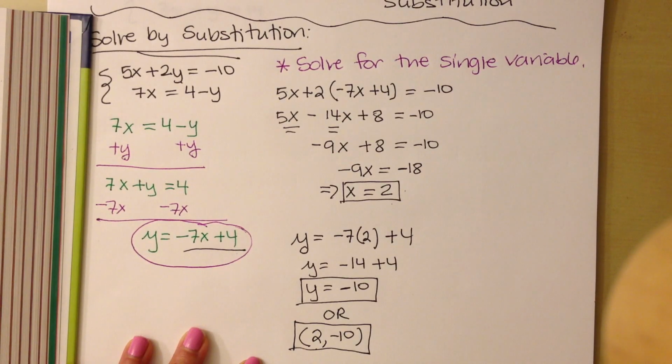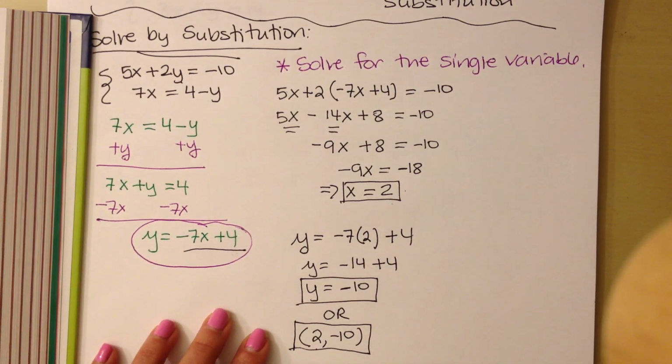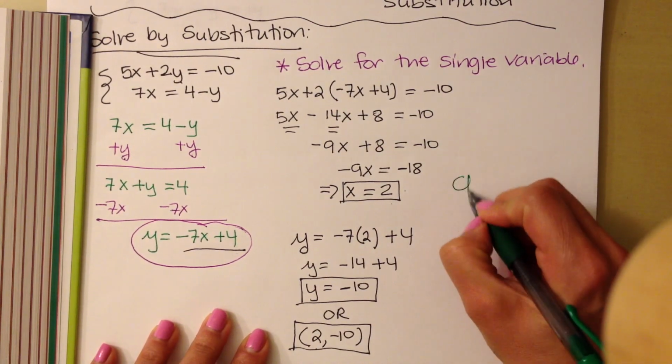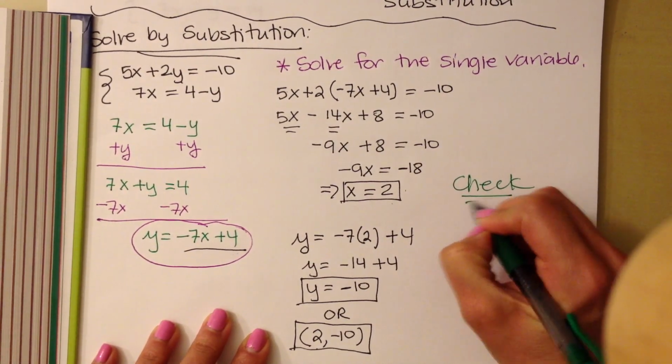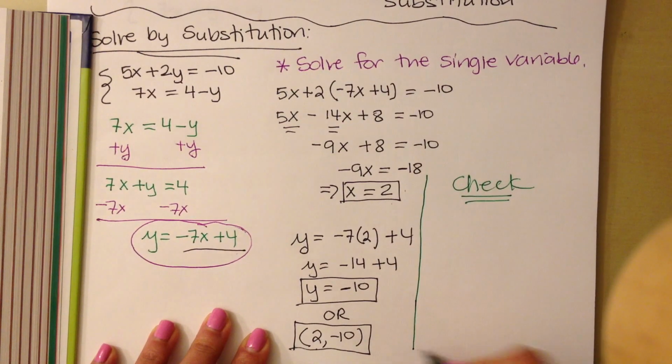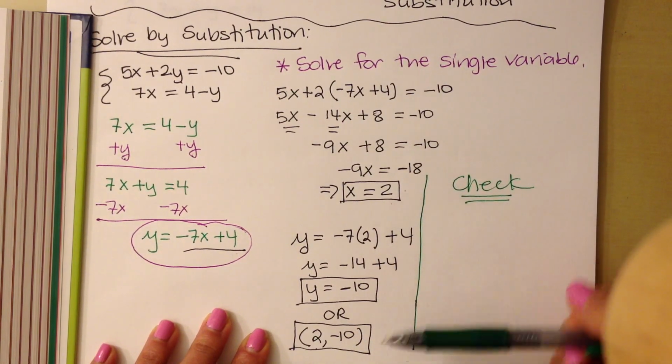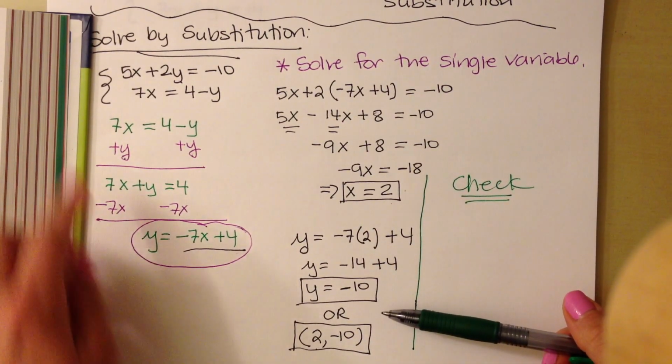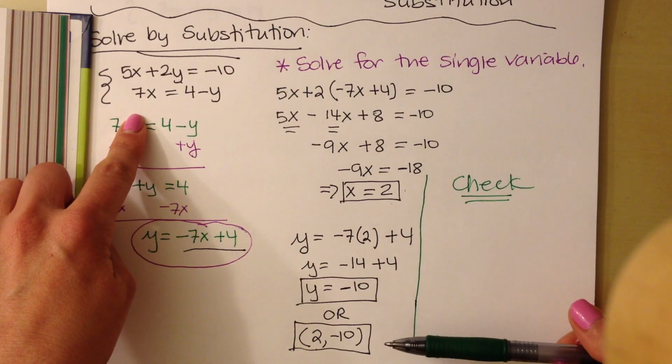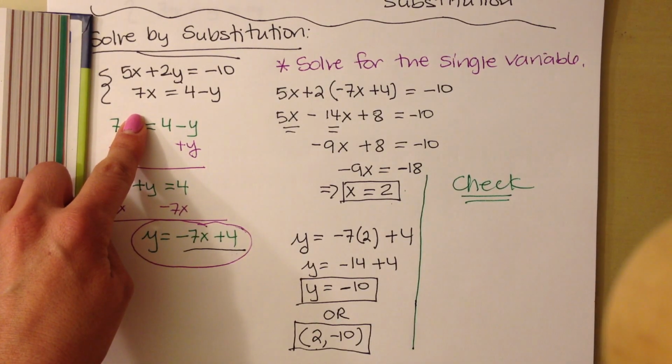Now, you can always check that your answer is correct. Let me show you how to check your answer for this problem. In order to check, what we're going to do is we will substitute 2 and negative 10 into both equations. We have to check both equations. So we check that the solution works for both.